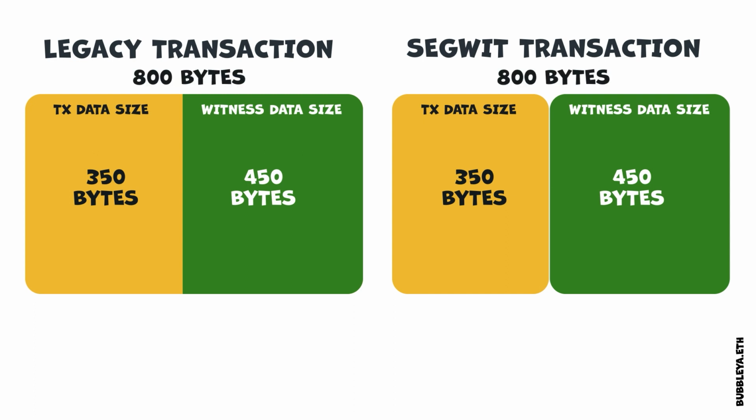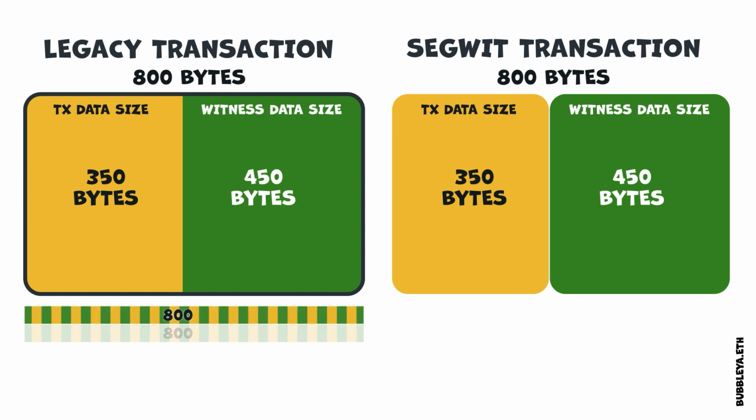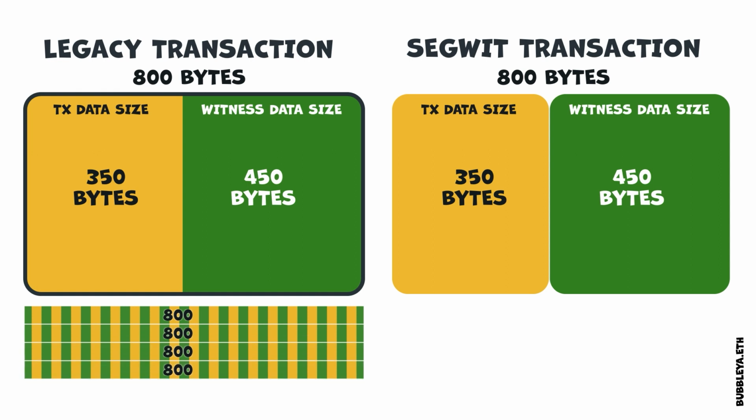Thus, the transaction size is 800 bytes. According to the Bitcoin protocol, the transaction and witness data are stored in one box in the legacy transaction. Due to this, the size of this transaction measured in weight units is 800 multiplied by 4, which equals 3,200.